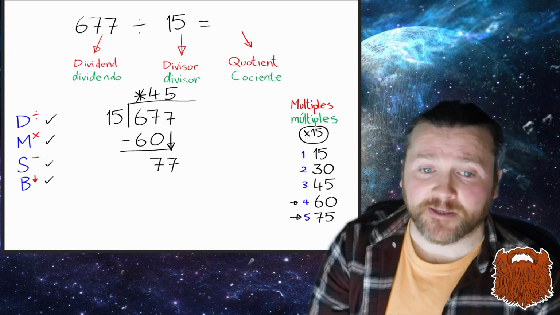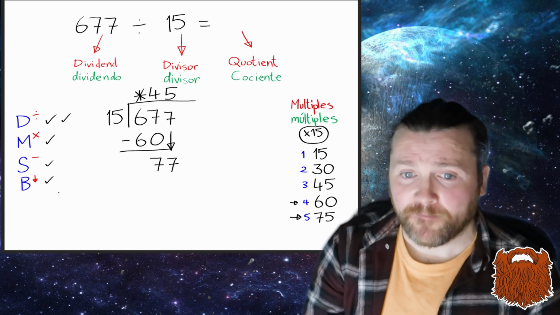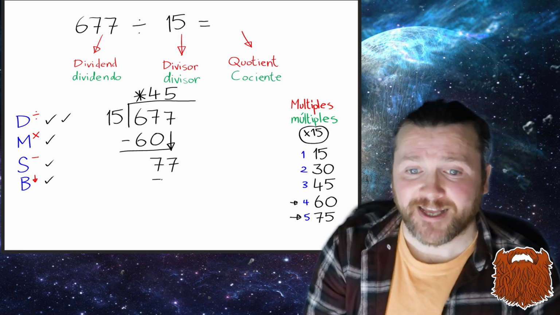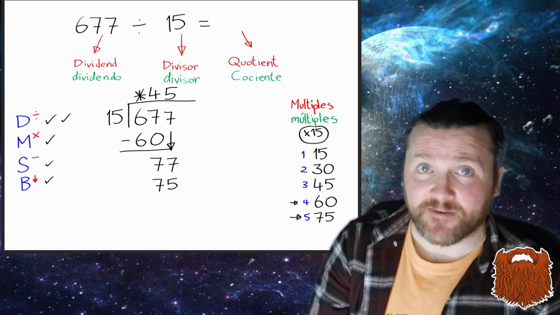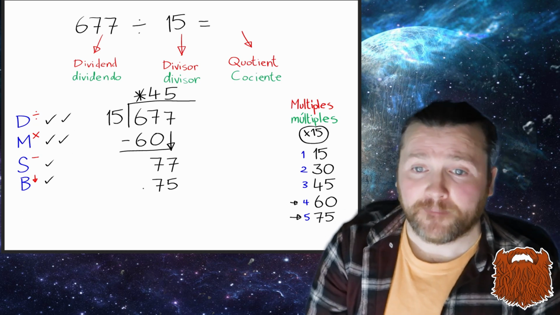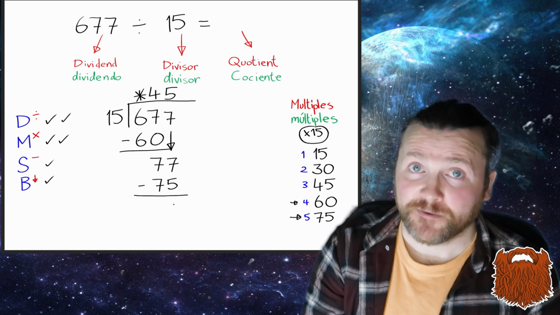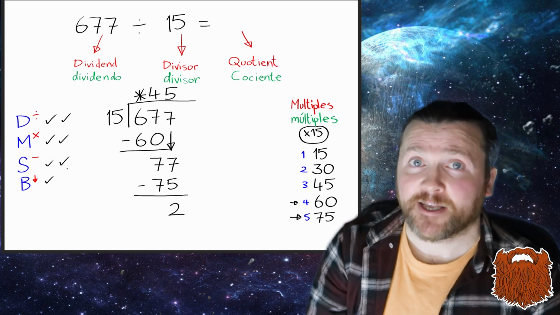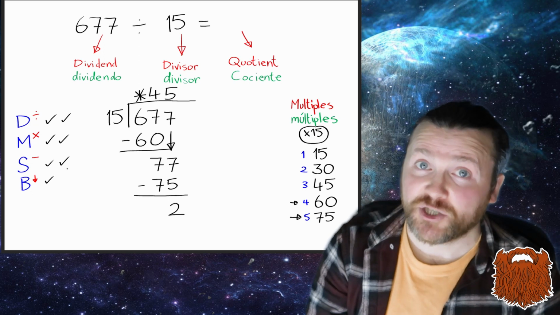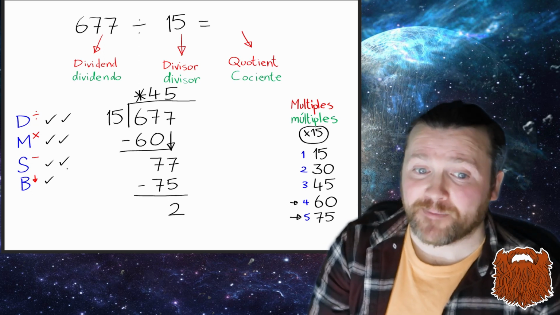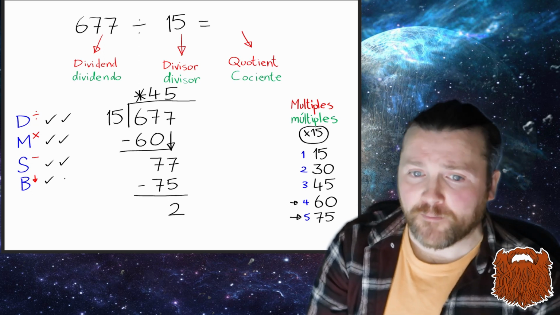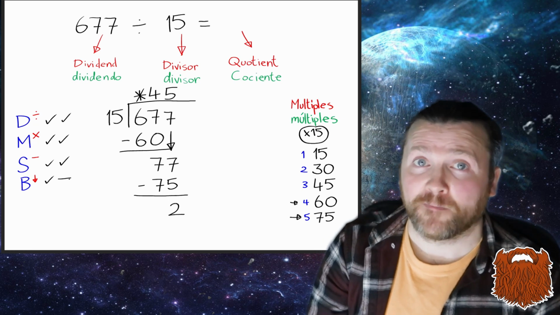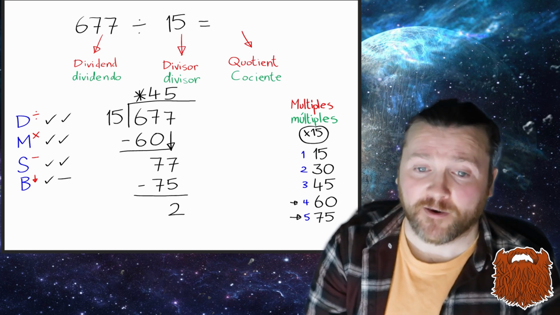Next step is multiply. 5 by 15 is 75. The next step is subtraction. So we take it away. 77 take away 75 is 2. And the next step is bring down. But we don't actually have anything to bring down. So we're going to have to stop it there.